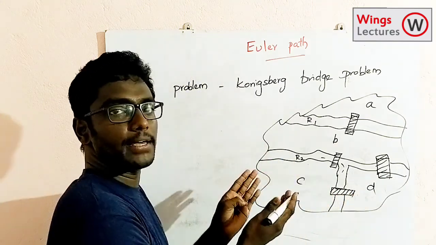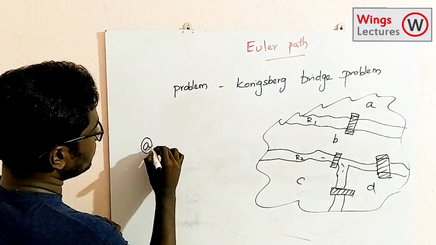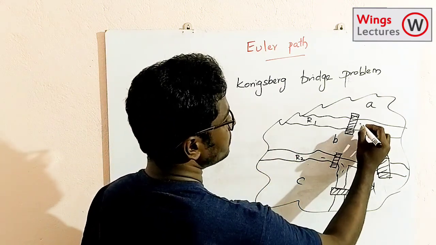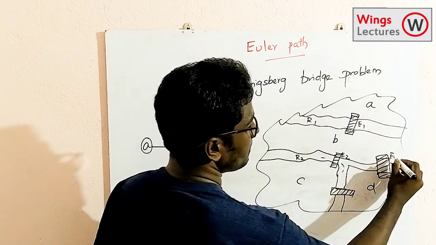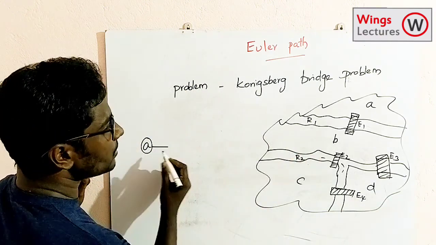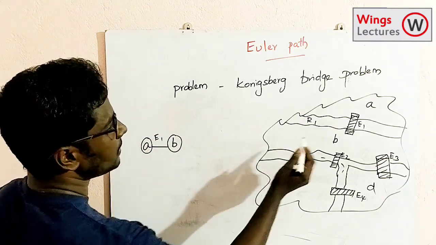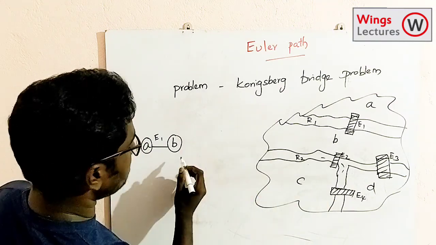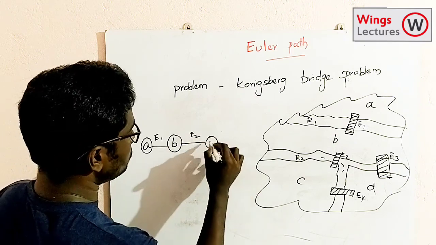It's a pictorial graph, right? From this, A, and we can name the bridges E1, E2, E3, E4. From A to B I am using bridge E1, and from B to C I am using bridge E2.